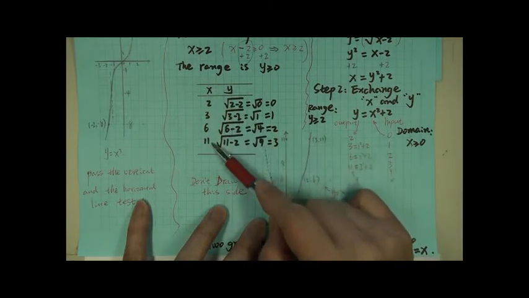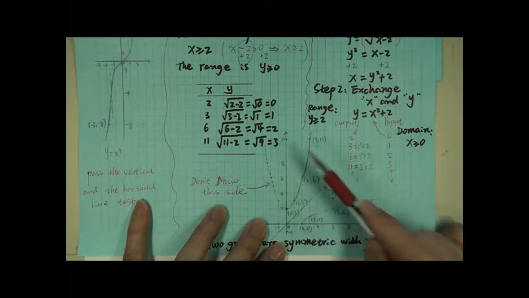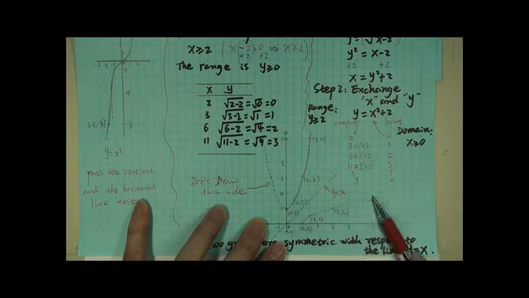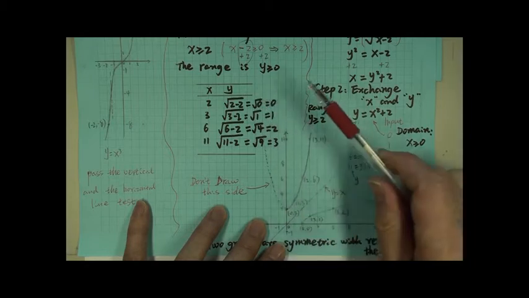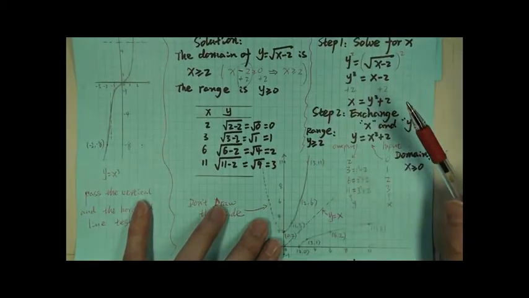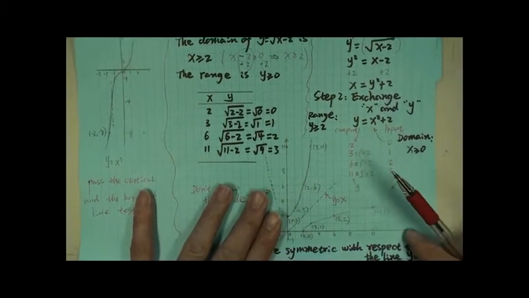X is 11, y is 3, so 11, 3, right here. So you have 4 points. You can use a smooth line to connect them. That would be the curve for y equals radical x minus 2.